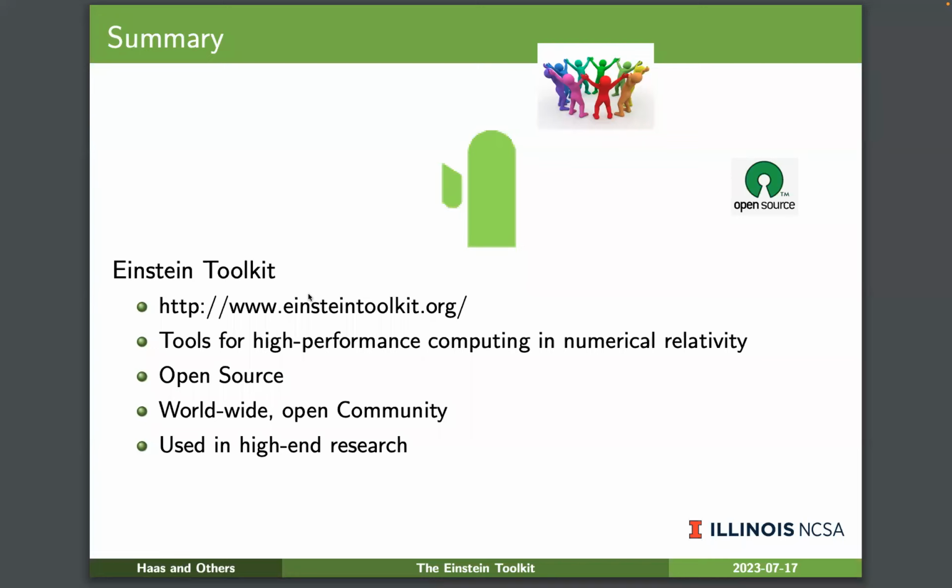I was curious about the use of machine learning, what your main ideas are for including machine learning in the Einstein Toolkit. Okay, there are two ways that I have seen it being used. One way is to try and simulate subgrid physics.